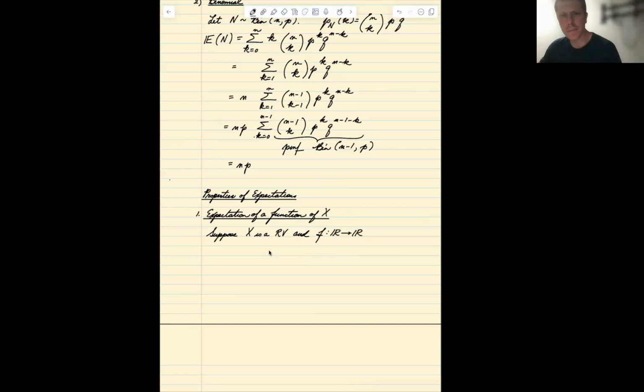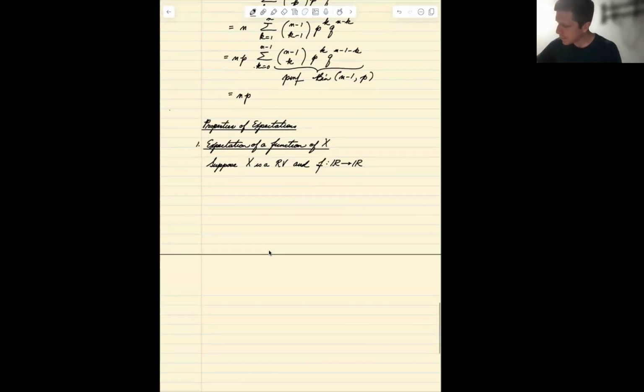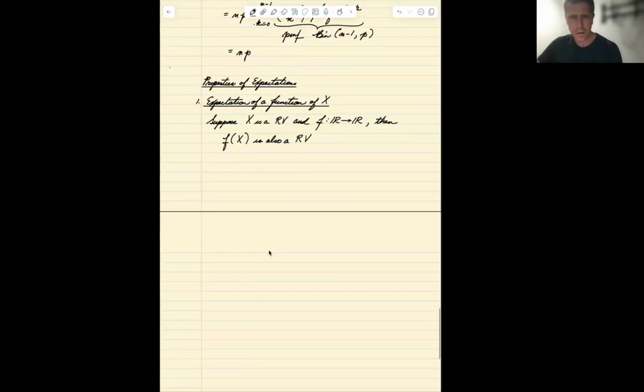Okay, then the first observation is to realize that f of x is also a random variable.